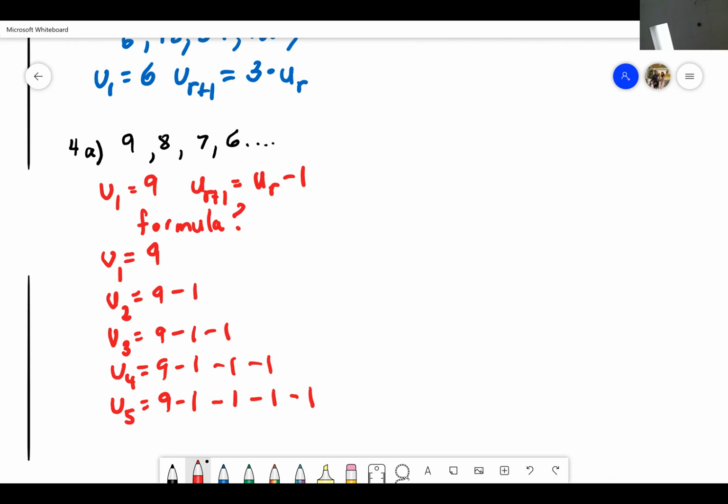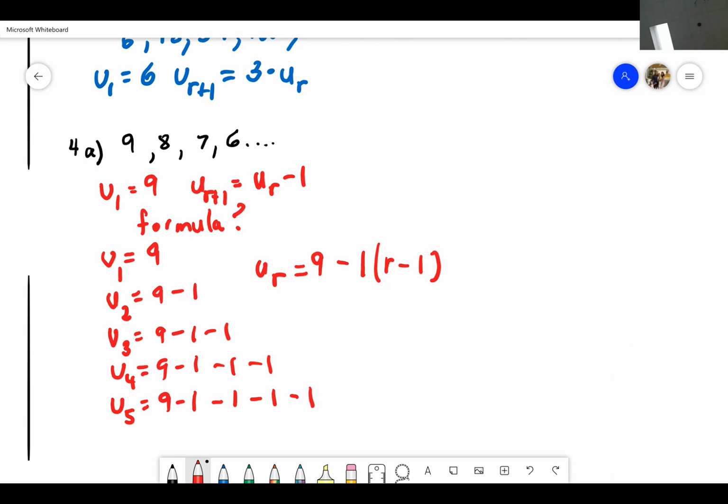So let's agree that you're taking 9, you're subtracting 1 times r minus 1. So look at this. Let's see if it works. If you put in 1, you're going to get a 0 there for r minus 1. So you just get 9.